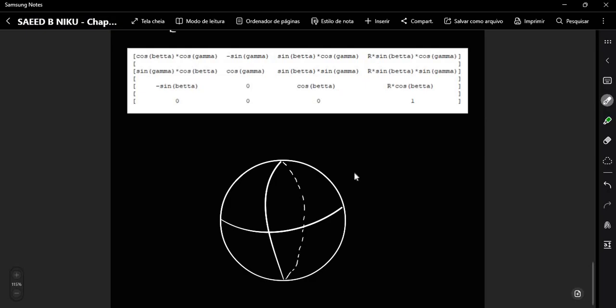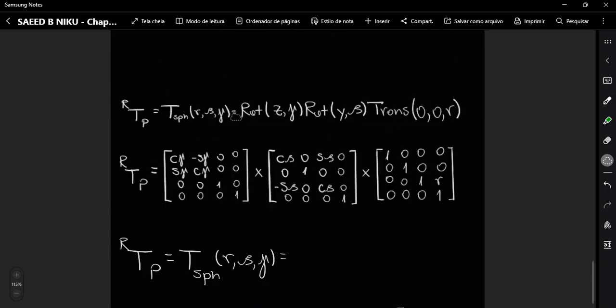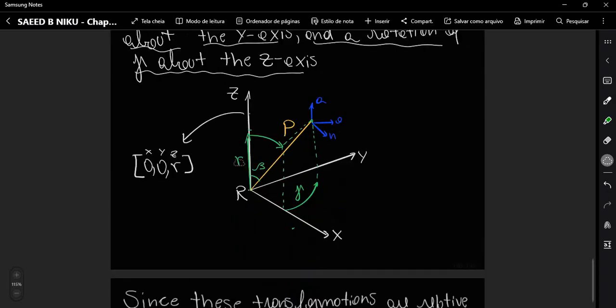And why this? Because this way I can illustrate better how these transformations are being made. Okay, so I'm also going to copy this.